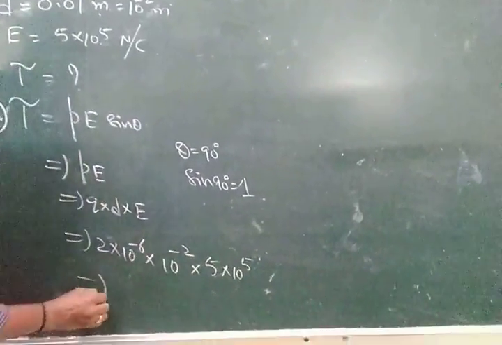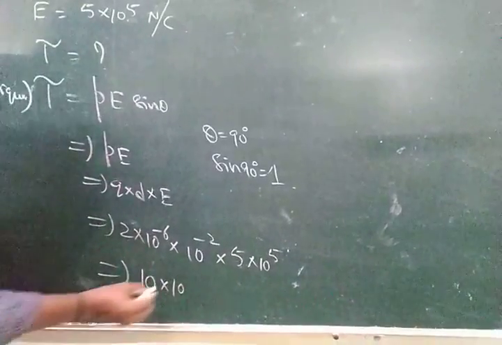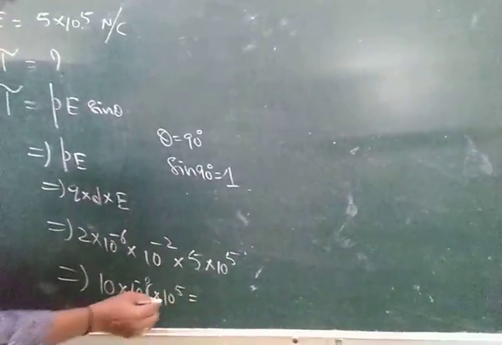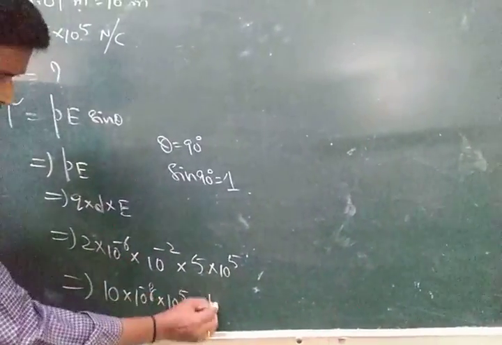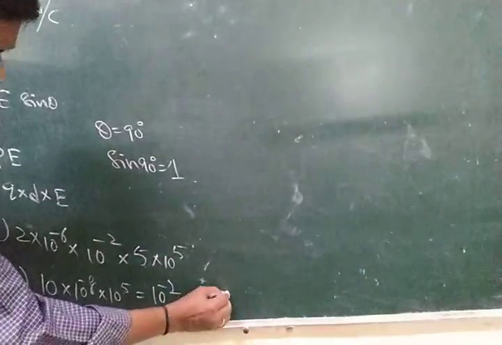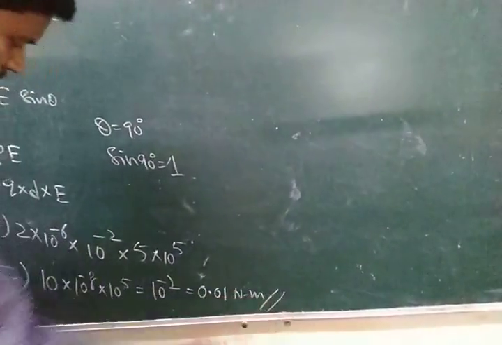That is 5 times 2, 10, 10 power of minus 6 plus 5, plus minus 2, which is equal to 0.01 Newton meter torque.